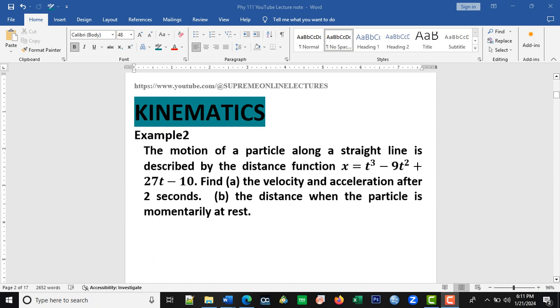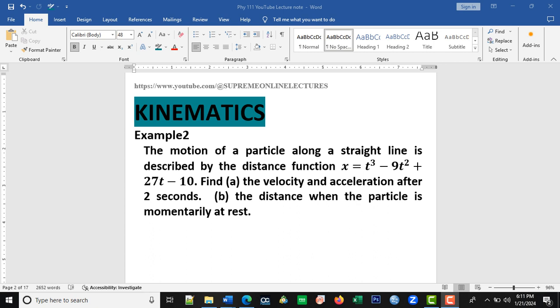Welcome back. We want to still continue solving problems on kinematics, example 2. This one says the motion of a particle along a straight line is described by the distance function x equals t cubed minus 9t squared plus 27t minus 10.